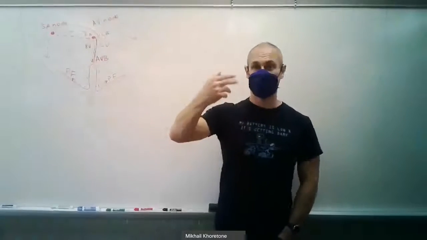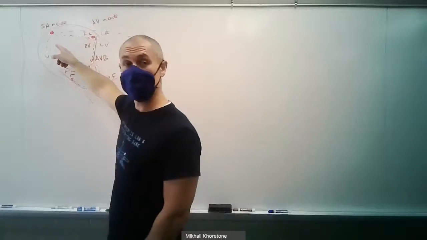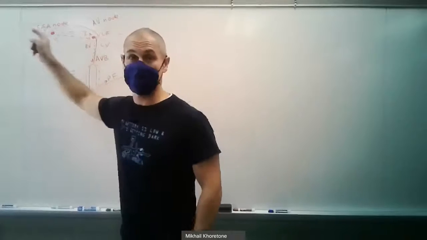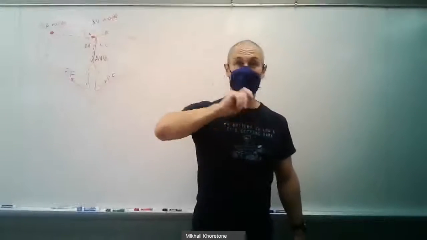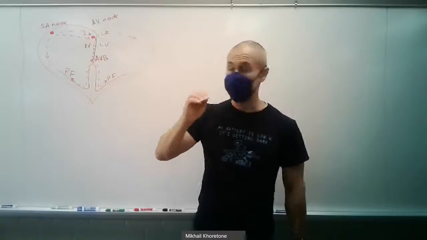So again, let me guide. I love this, when we go step by step together. What allows the spread of the signal, as Katie mentioned, through the atrium? Gap junctions. This is really a simple question. Don't overthink it, just use common sense.